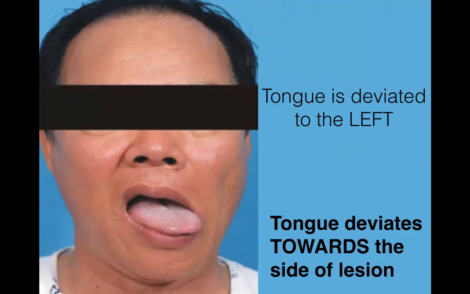Now, just remember that the tongue is like the handlebar of a bike. So let's say, for example, you're pushing the handlebar of the bike with equal forces. The tendency of the bike is to move forward in a straight line.